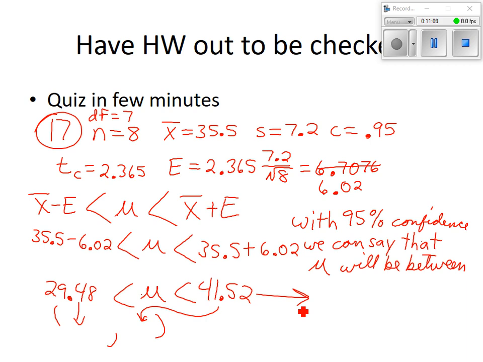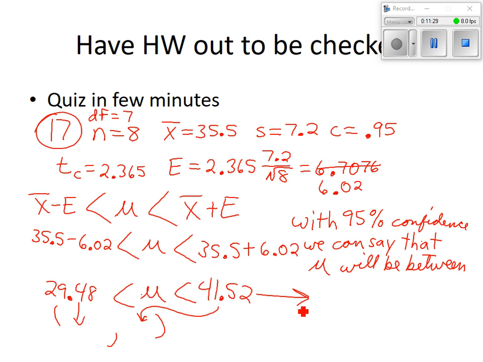We're 95% confident that the average commute time of the population is between 29.5 minutes and about 41.5 minutes. So somewhere from 30 minutes to 45 minutes.